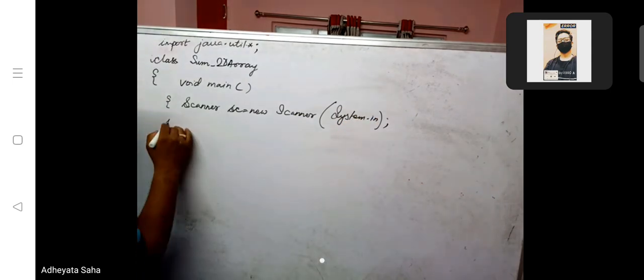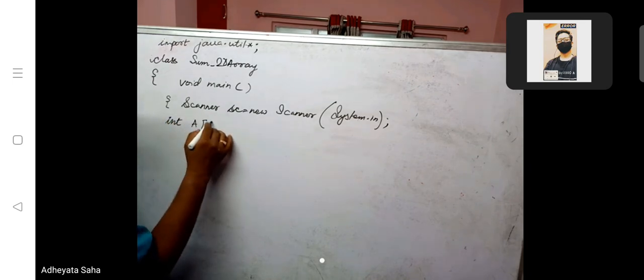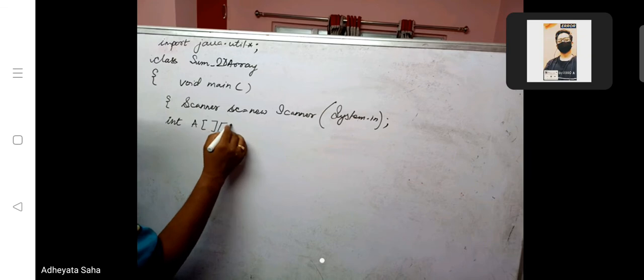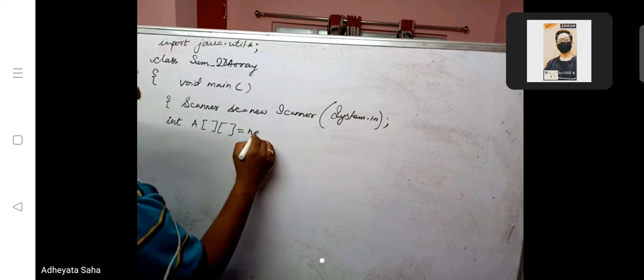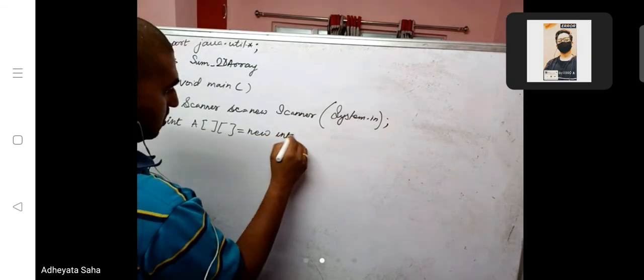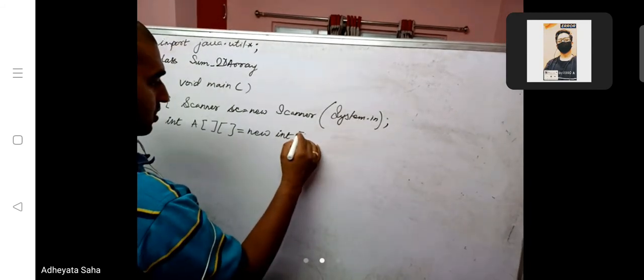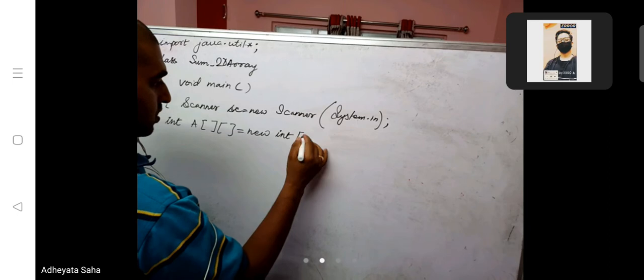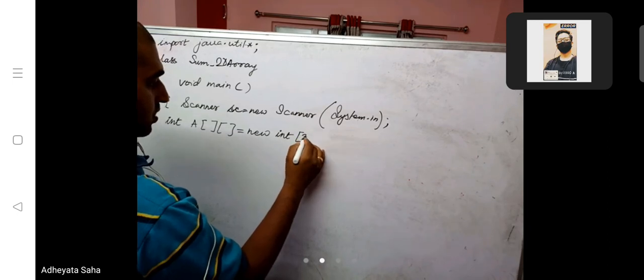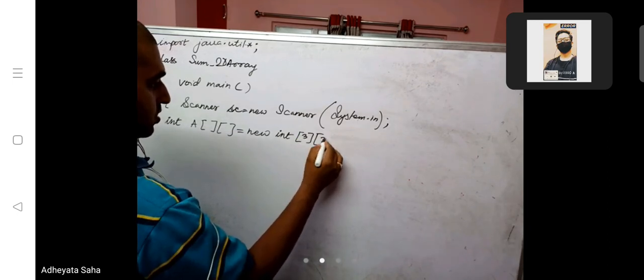Then declare the array: int a equals new int[3][3].